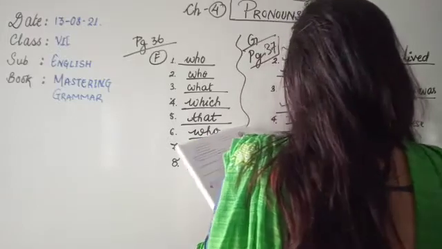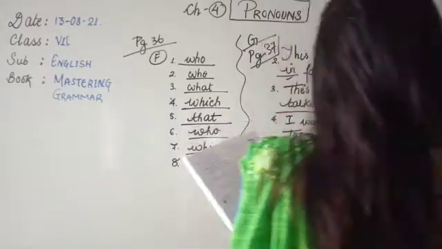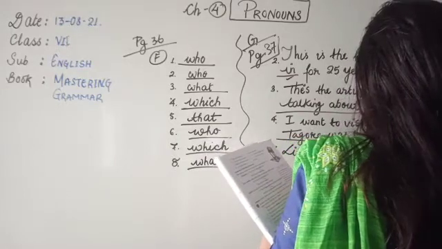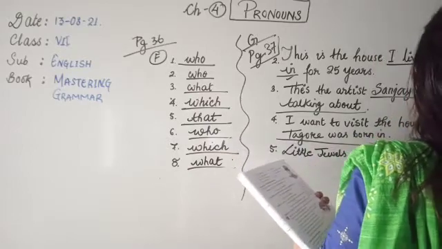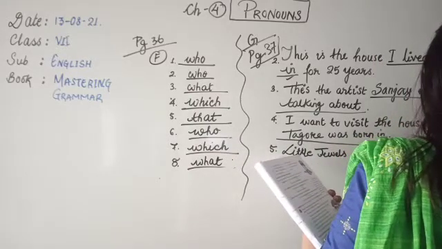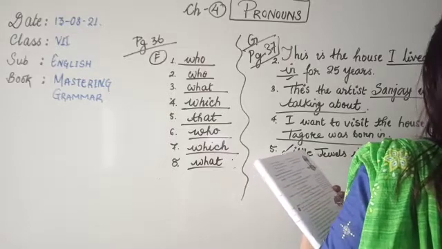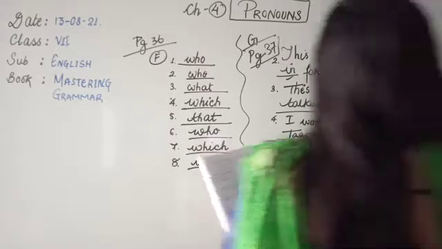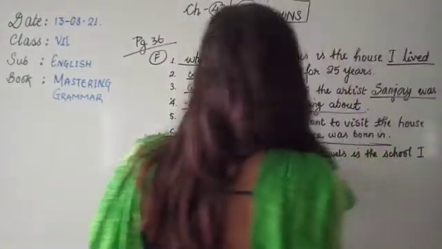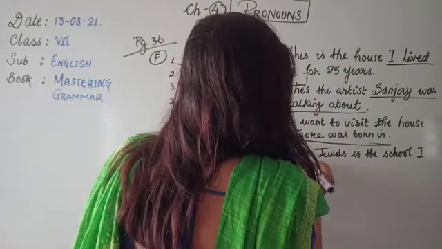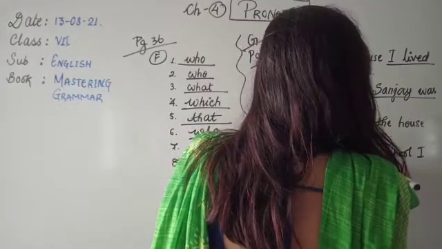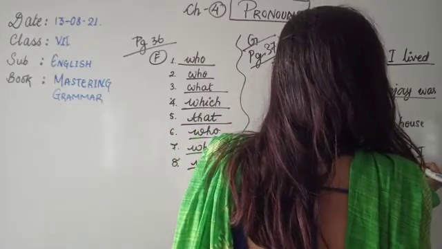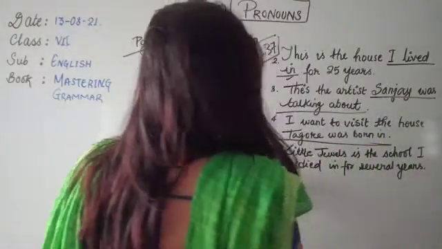Now, Little Jewels is the school in which I studied for several years. Little Jewels is the school I studied in for several years. I hope that word is visible. No? So, write it here: studied in for several years. Okay. Now number 6.